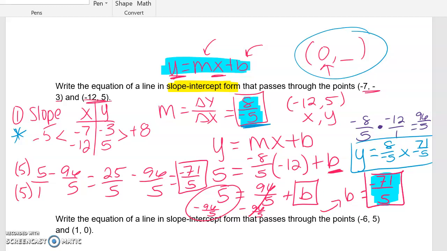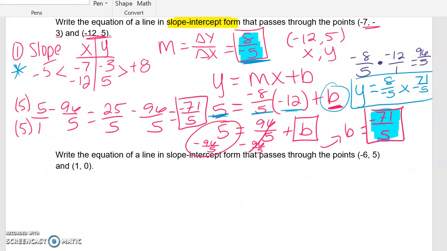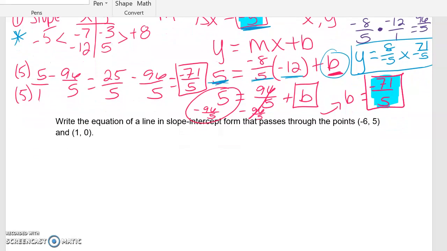I substituted my -12 in for x and my 5 in for y, and then I also inputted my slope. That meant that I had every value except b, which is what I wanted to find. After I plugged everything in, I got b by itself, which gave me negative 71 over 5, and then I plugged it back into the equation. I know, it's a lot of steps. So let's just go through that one more time.